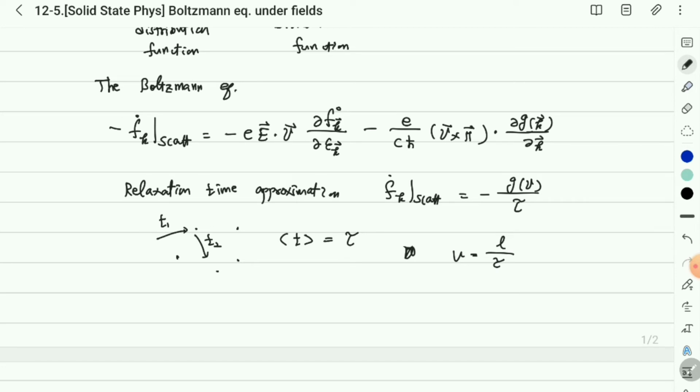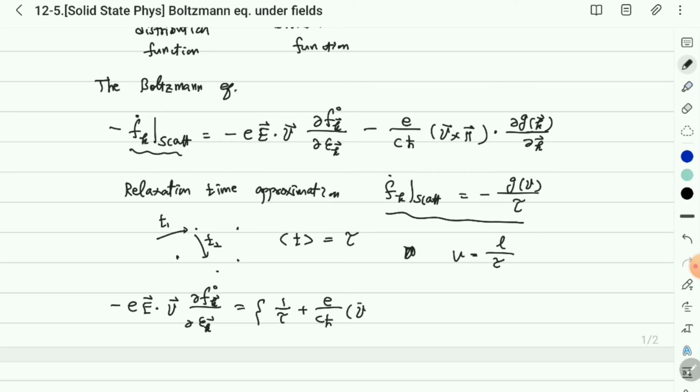Here, when you substitute this into the Boltzmann equation, and also this scattering term, it can be written down, and therefore when we summarize, minus e dot v partial fk0 over partial epsilon k is 1 over tau plus e over c h bar v cross h, and the second term, because this dynamical distribution function, the non-equilibrium distribution function, is a function of velocity.